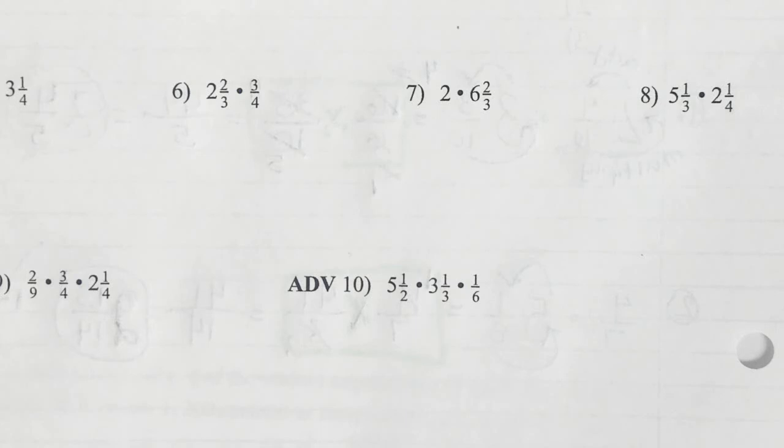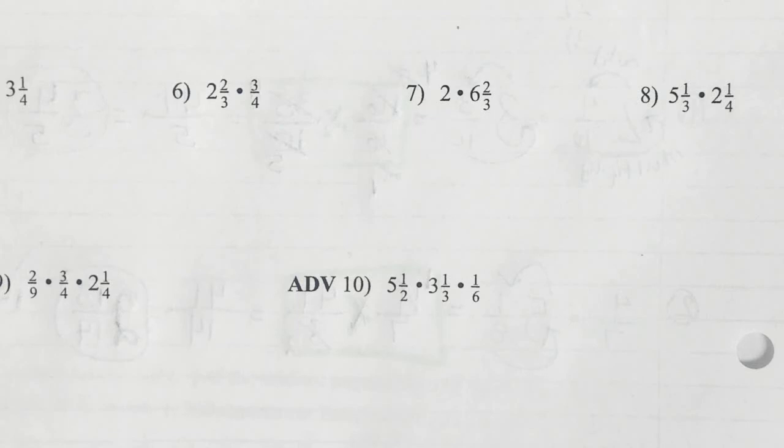Four-fifths times 25/8. 8 times 3 is 24. Plus 1. I'm going to reteach it better.